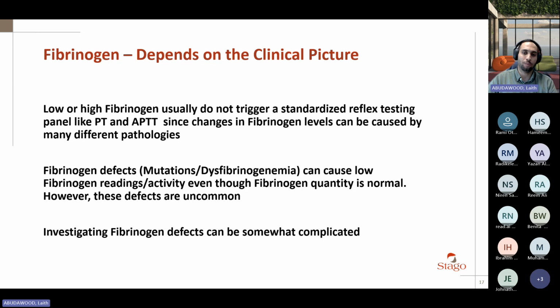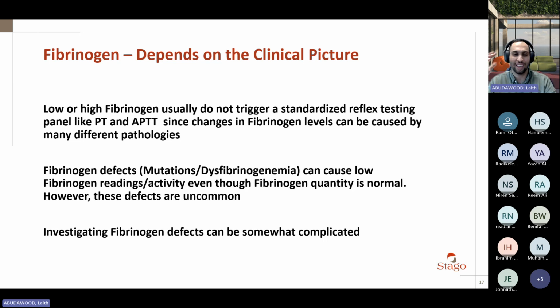All right, how about fibrinogen? Fibrinogen is abnormal. What do I do with that? If fibrinogen is low, what do I do? If fibrinogen is high, what do I do? Usually there is no standard reflex protocol for fibrinogen. It's not like mixing studies for PT and APTT. What I do next with fibrinogen depends on the context of the patient and the value of the fibrinogen you get.